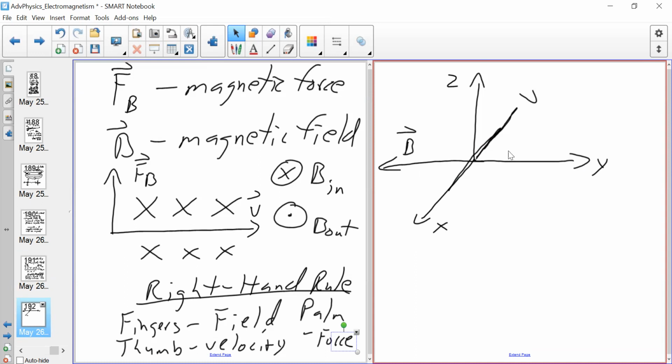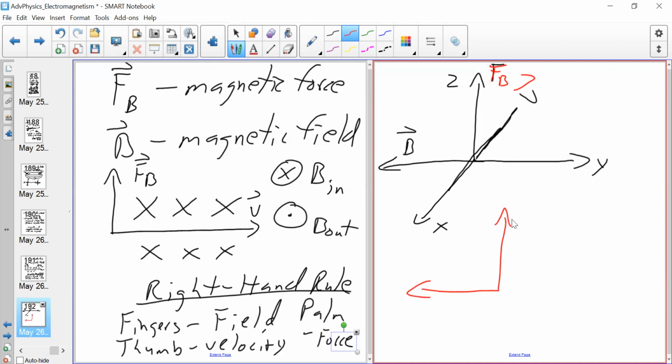So that's basically what's going on. I have magnetic force along the z-axis, velocity here, and the magnetic field going into the plane. Technically, it looks something like this: B, FB, and then velocity like that.